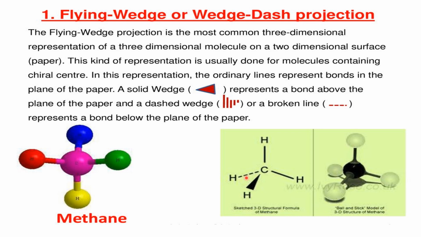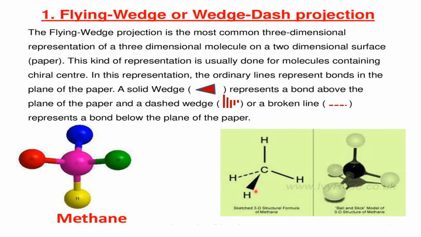We know the methane molecule is a tetrahedral structure. When we look into the methane molecule structure, this broken line carbon-hydrogen bond clearly indicates that the bond is back from the plane of the paper, while the solid wedge clearly shows this carbon-hydrogen bond is above the plane of the paper, or it is projecting towards us.